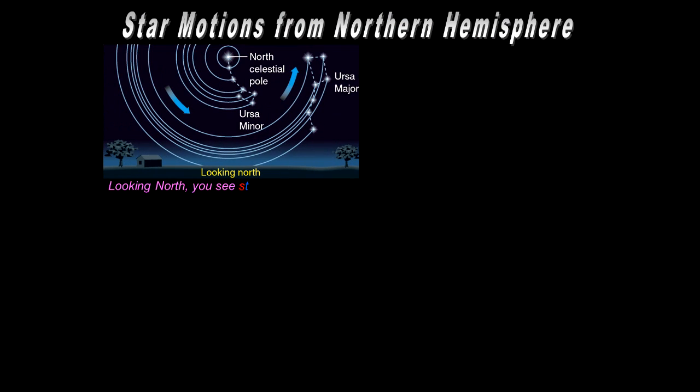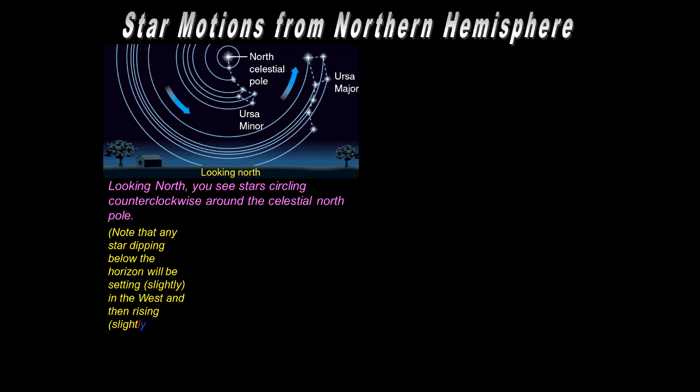In the northern hemisphere, the motions of the stars have a particular pattern. So as we look toward the north, we see the circumpolar stars counterclockwise. The ones that are not quite circumpolar actually set a little bit west of north and rise a little bit east of north. So rise in the east and set in the west is maintained for those stars as well.